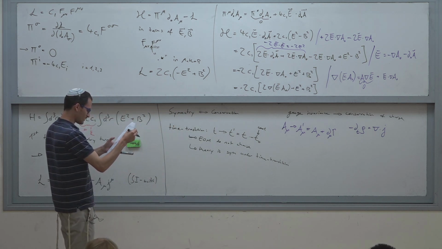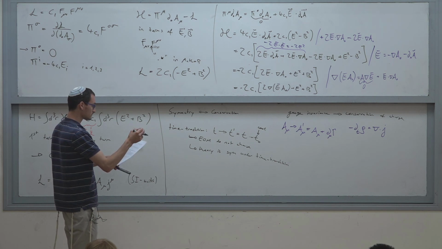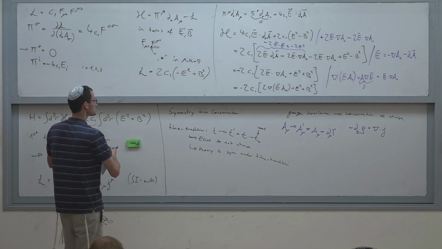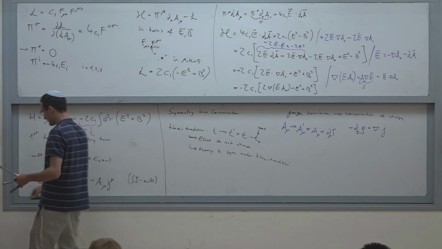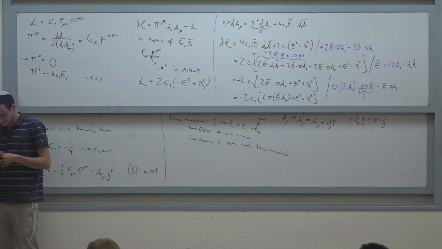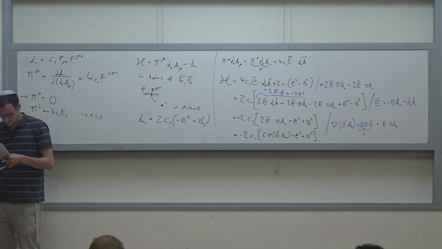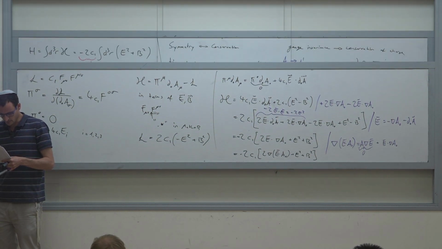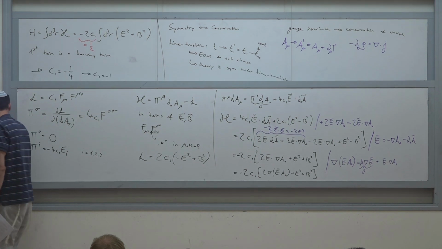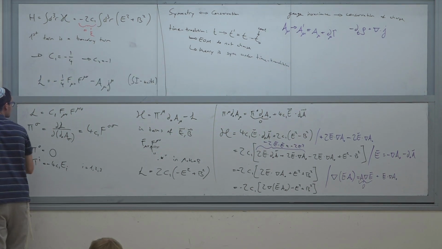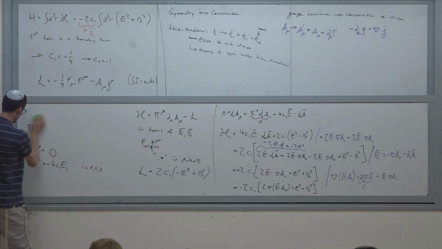So let's write down, do this properly. So I'm going to form 2 actions. I'm going to form the action that depends on the fields A mu.